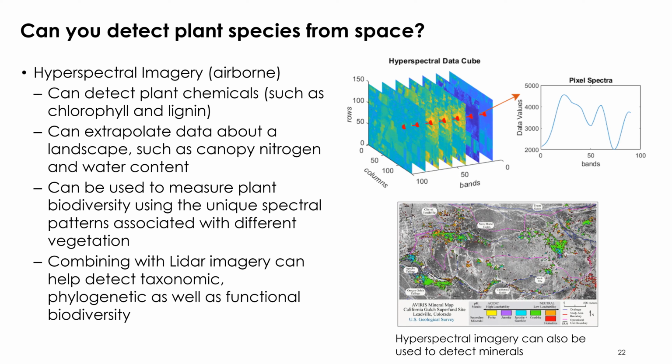You can extrapolate data more broadly at a landscape scale, looking at things like canopy nitrogen and water content. You can again get at specific species, so you can look at the biodiversity of an area. And when you combine it with things like LiDAR imagery, which looks at the structure of vegetation, it can help detect taxonomic, phylogenetic, as well as functional biodiversity.